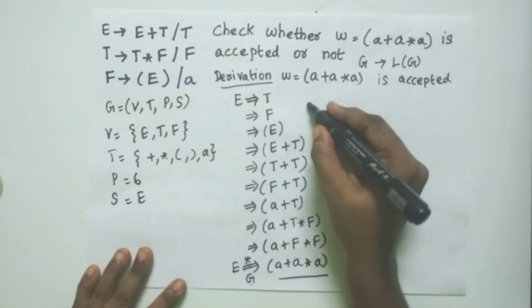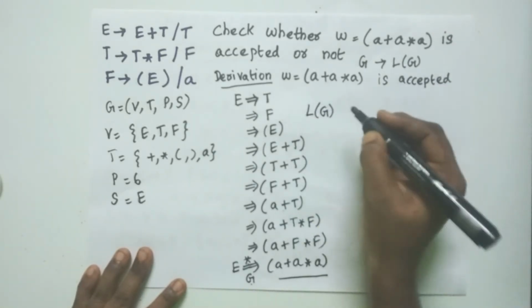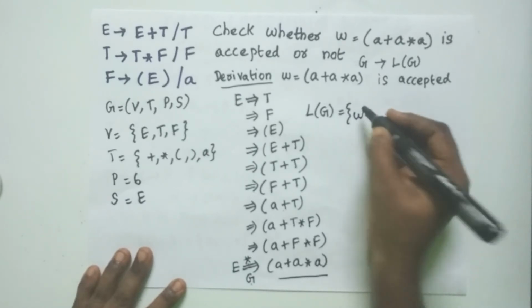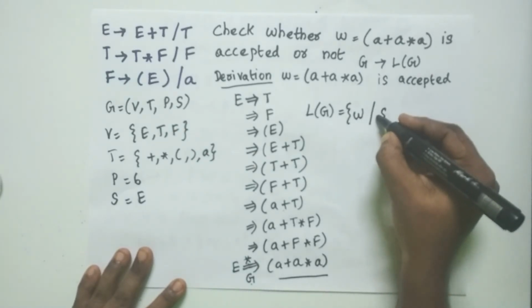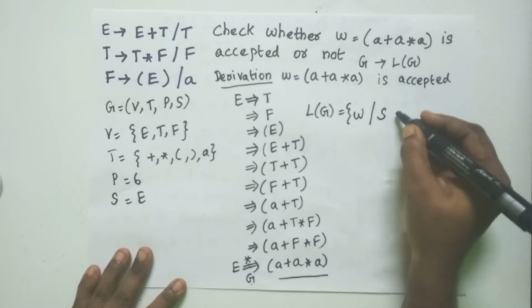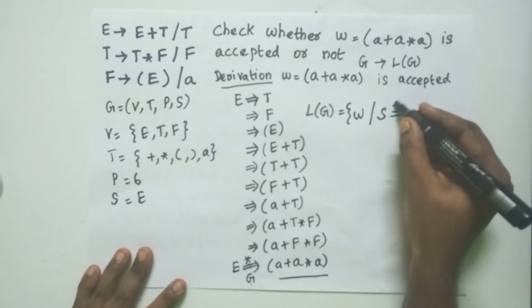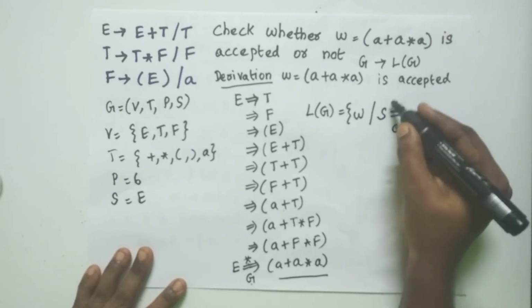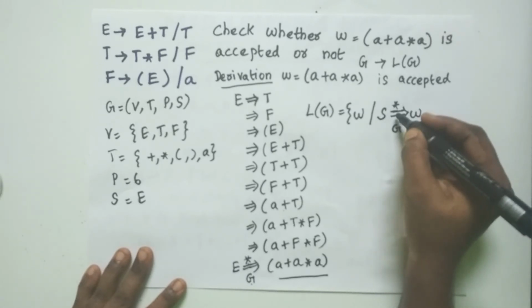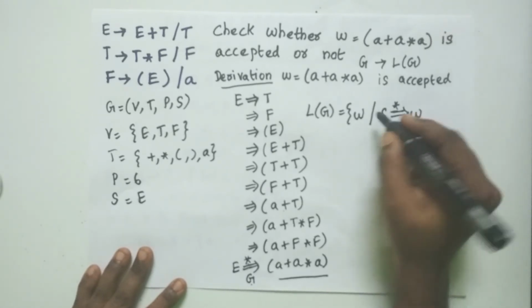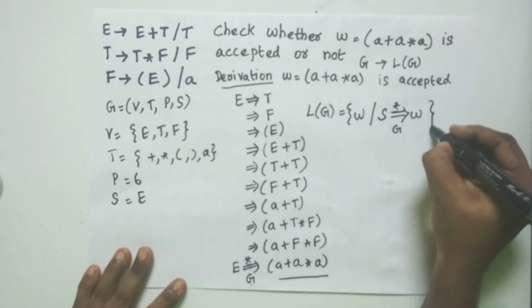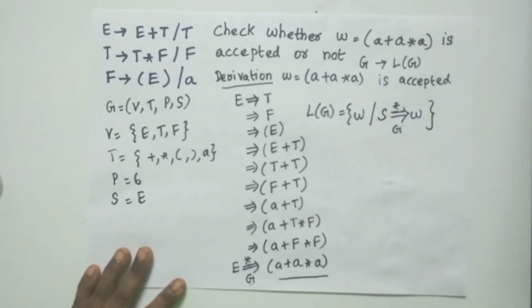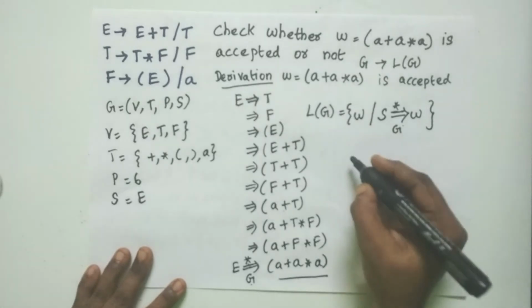So the language of any grammar, L of G, equals the set of all strings W, where S, the starting symbol of the grammar, derives W in 0 or more steps. This is the representation of the language of the grammar, which is a context-free language.